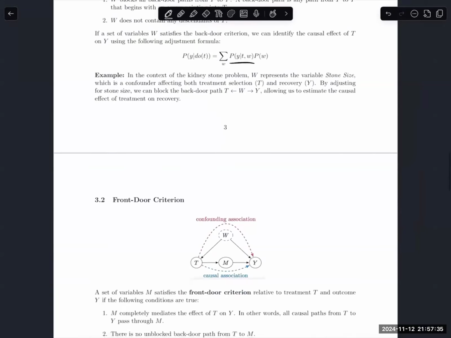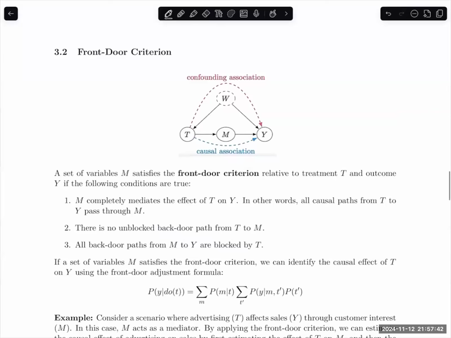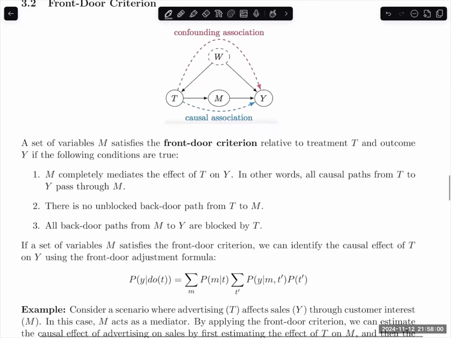Okay. So now let's move on to discussing the frontdoor criteria. Typically we use it when the backdoor criteria is not satisfied, and it is useful when we have a mediator that fully explains the causal effect of the treatment on the outcome. So here's a formal definition.